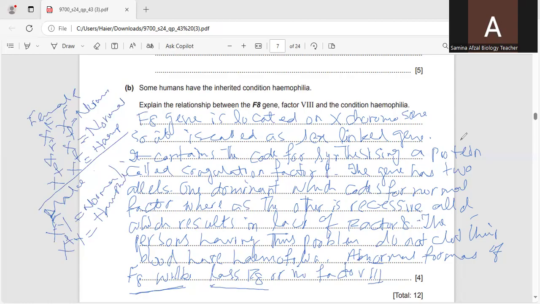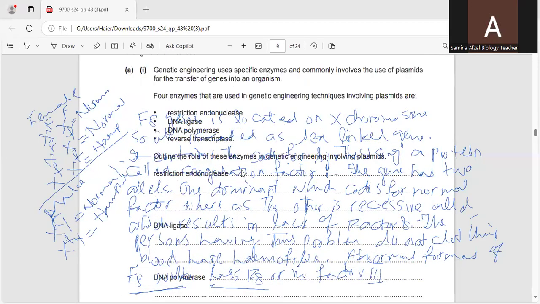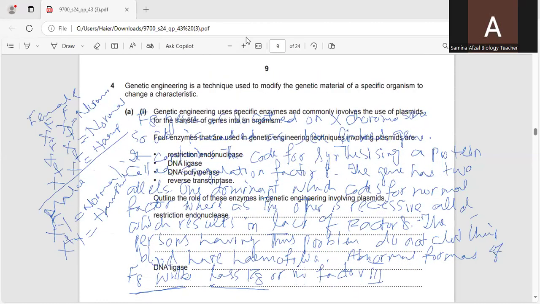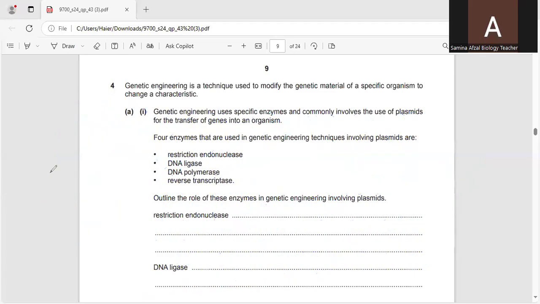Now we are moving towards the next question, and the next question is question number 4. Question number 4 is: genetic engineering is a technique used to modify the genetic material of a specific organism to change a characteristic.